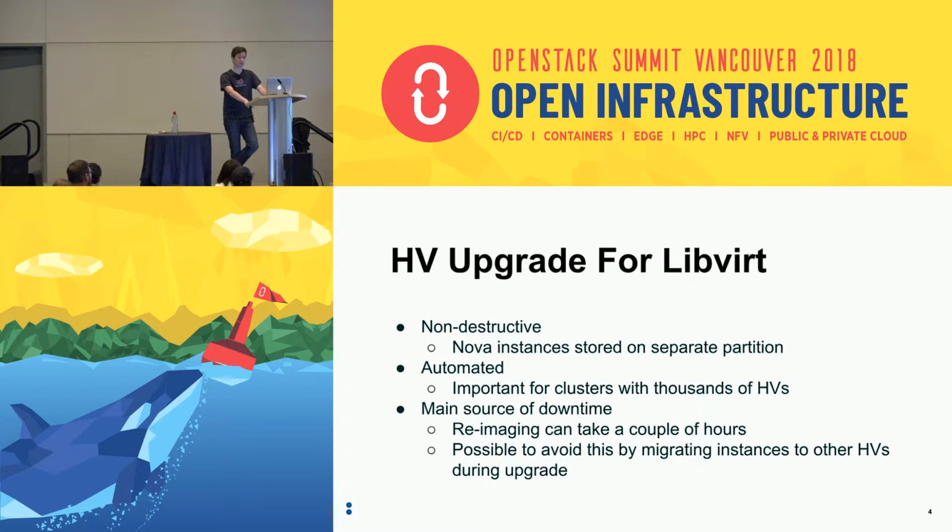But for us, we decided that we can take these down and just warn our customers in advance. But yeah, that was pretty much the only downtime on VMs. All right, so this is good. Now it's time to actually go to Ocata.